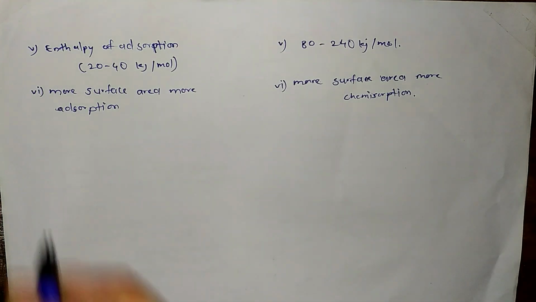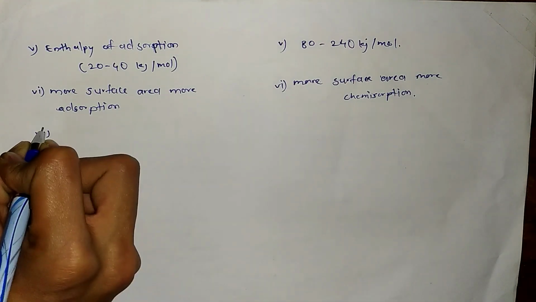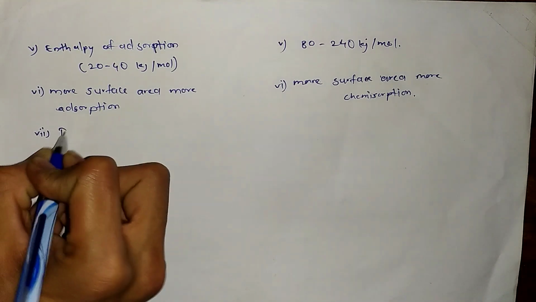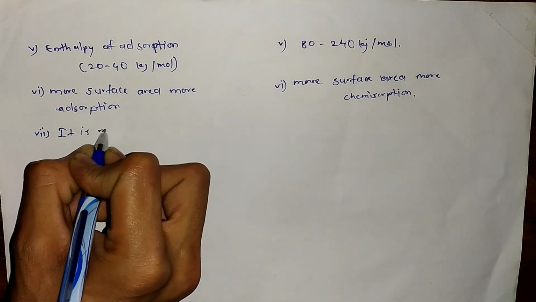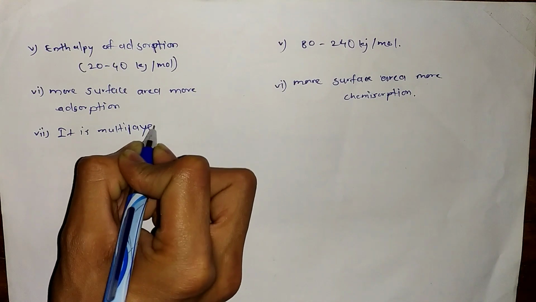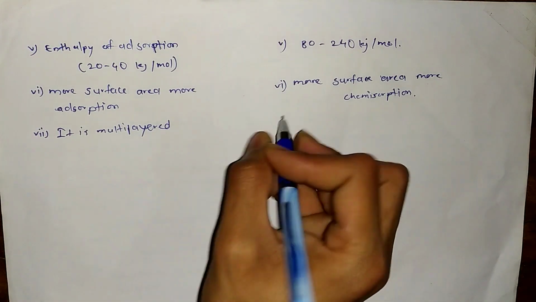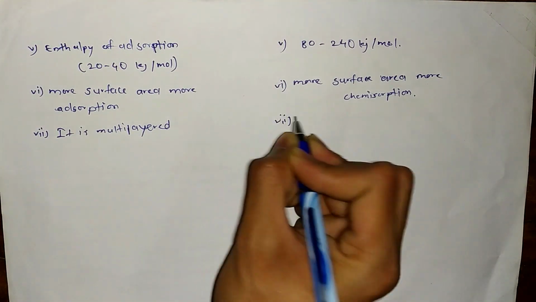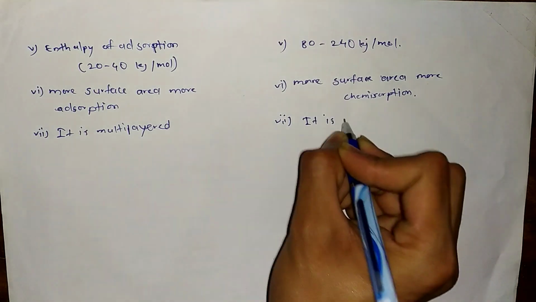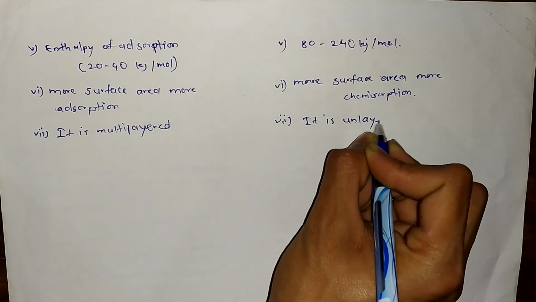The seventh difference is that physisorption is multilayer, but chemisorption is unilayer.